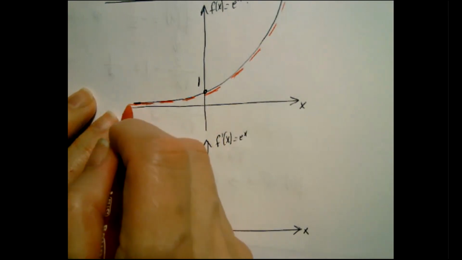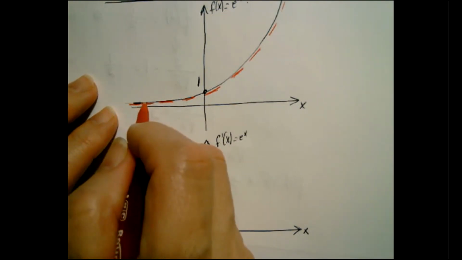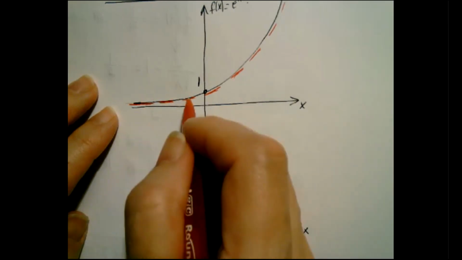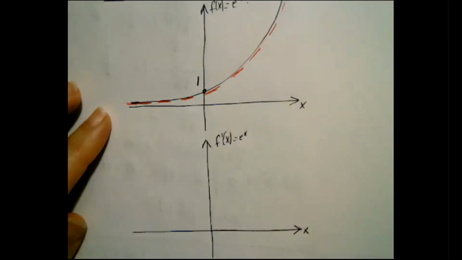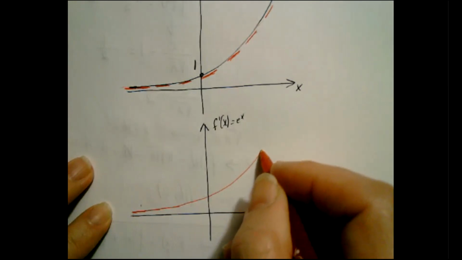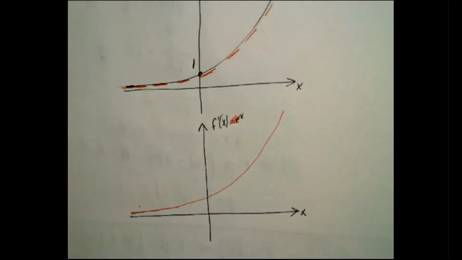Right here, the function is almost flattening out, so it's not really changing much. The slope is very small, almost 0, and then it starts getting larger, larger, larger. So if I sketch it right here, it is positive, the values are very close to 0, and then they go larger, larger, larger. So that's the derivative.